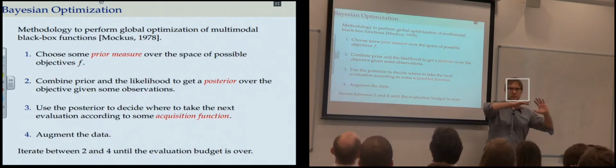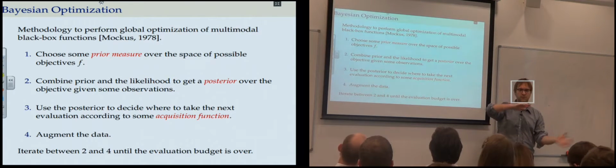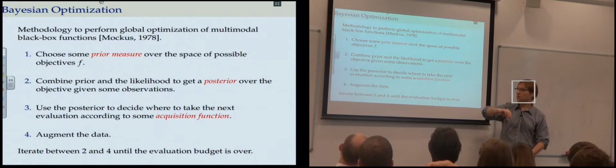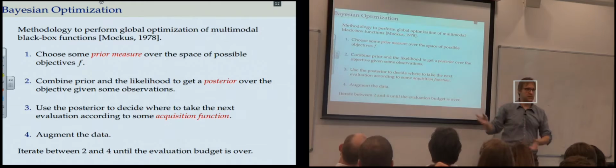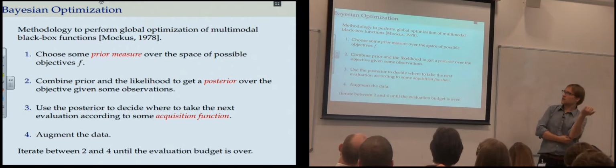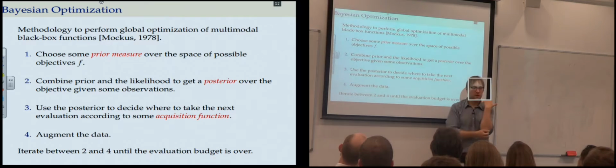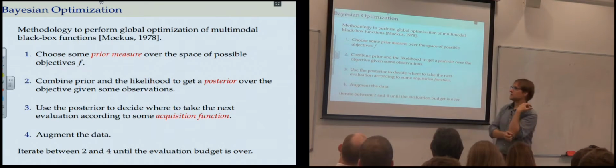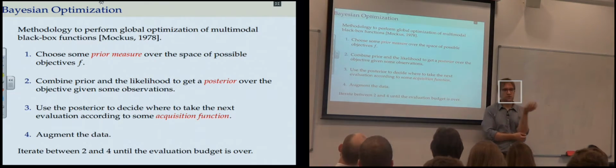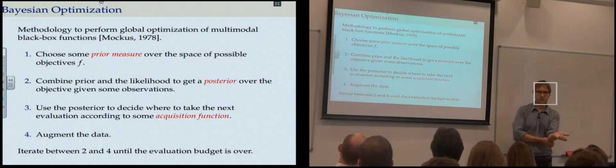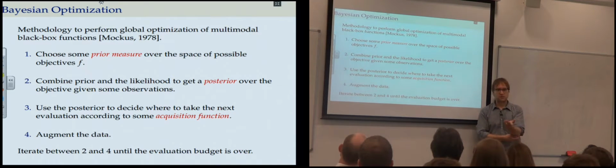So now there is a direct mapping between this reasoning that we have done and what Bayesian optimization is actually doing. Bayesian optimization was first proposed by Mockus a few years ago already, in 1978. What you do is you choose some probability measure over the function that you want to optimize.